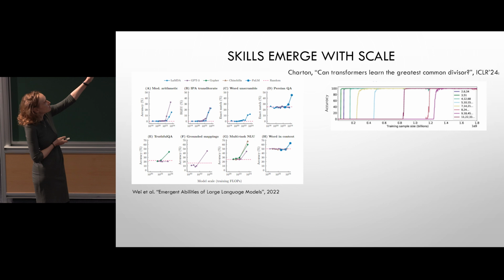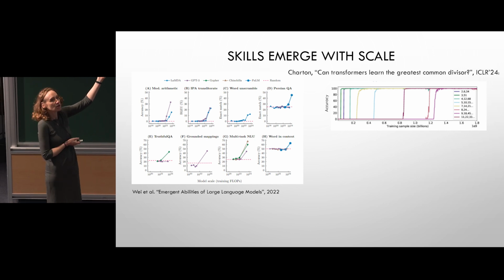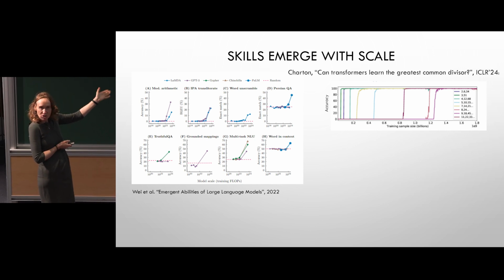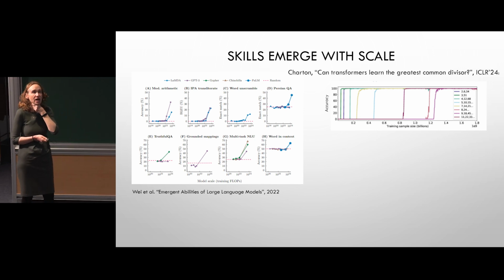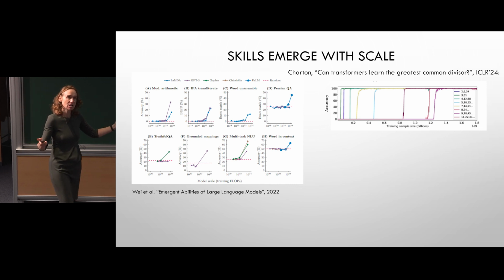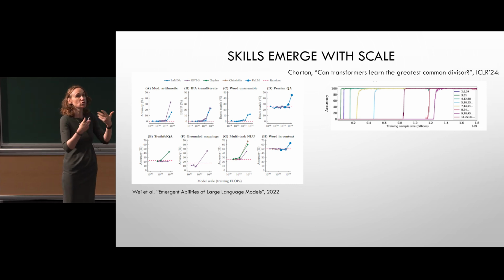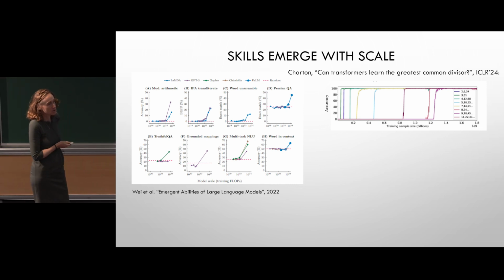There's a bit of a discourse in the community whether they emerge abruptly or gently. It's irrelevant; it depends a little bit on the metric. But the point is, there's this perception in the community that as you increase your data set size, the model starts to be able to do things it couldn't do with smaller sizes or smaller data sets.